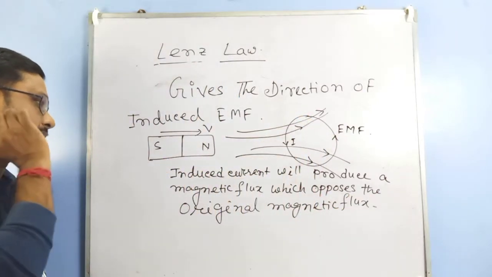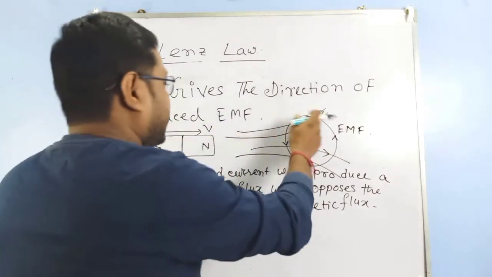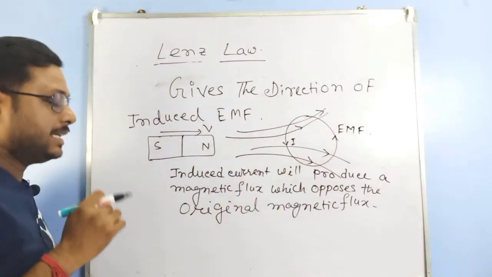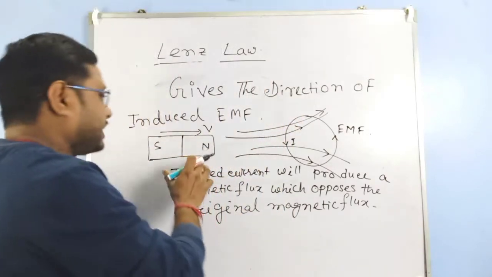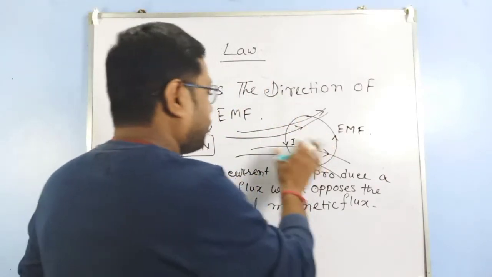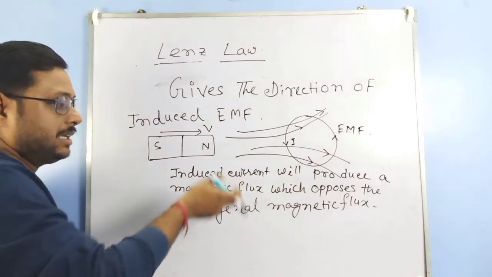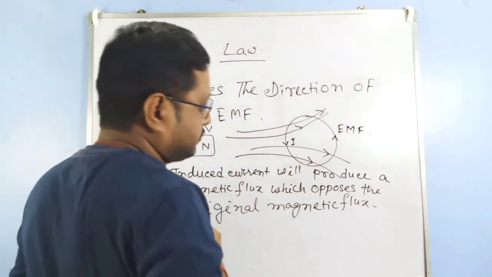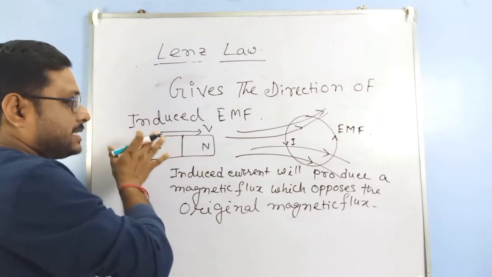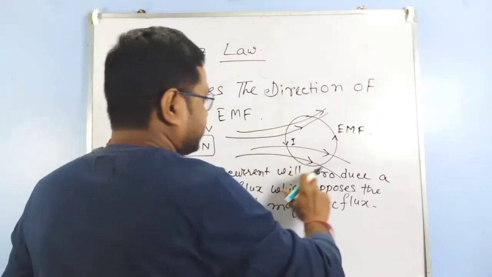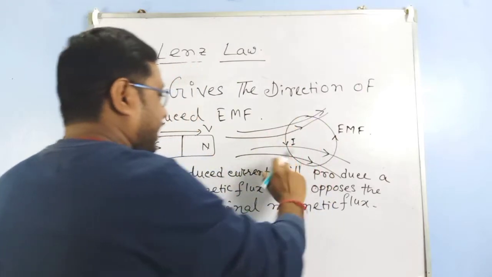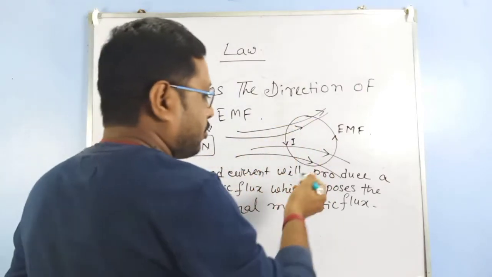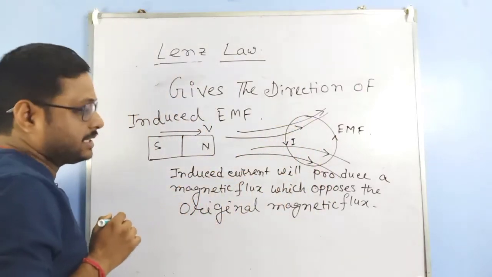So the direction of current is in such a way that its flux will always oppose the original flux. If the flux is increasing, then the current is set up in the coil in such a manner that the flux produced by the current opposes the original flux to decrease it.